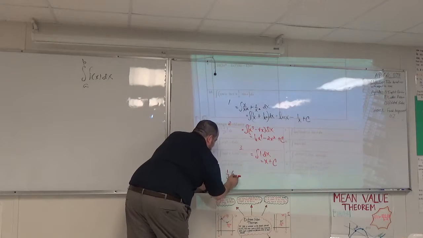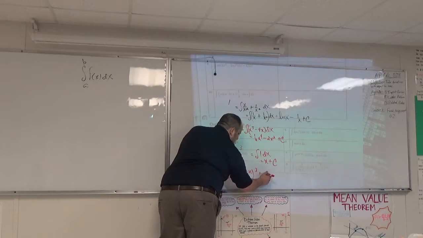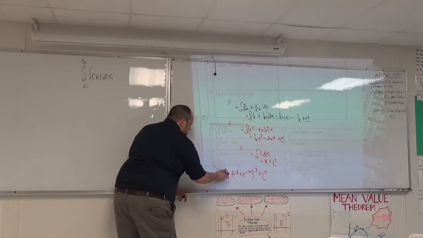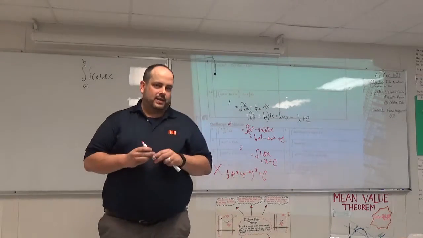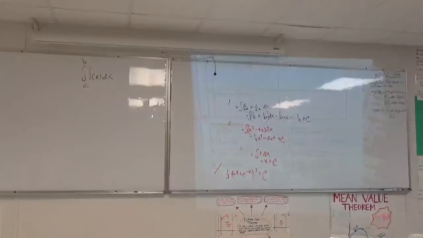The most popular wrong answer is 1/3 e to the x plus e to the negative x cubed plus c. That's not the chain rule I know.